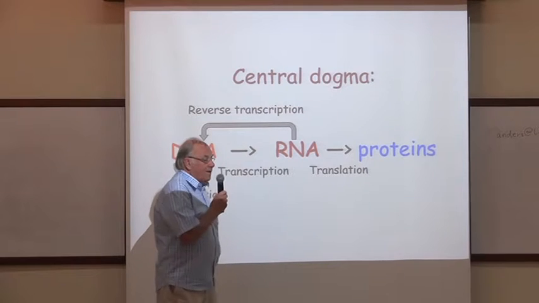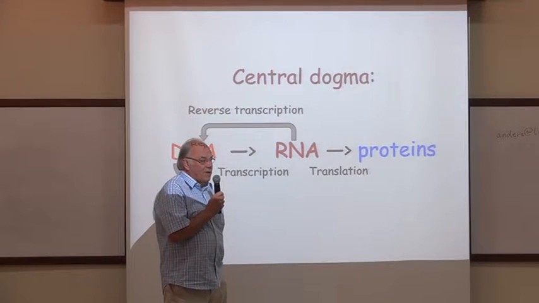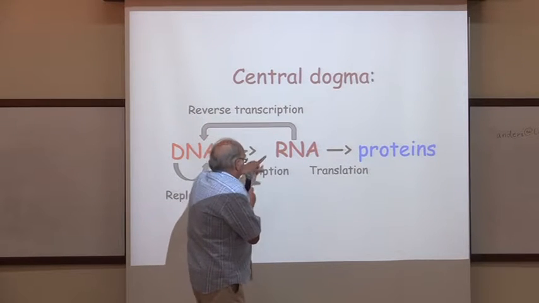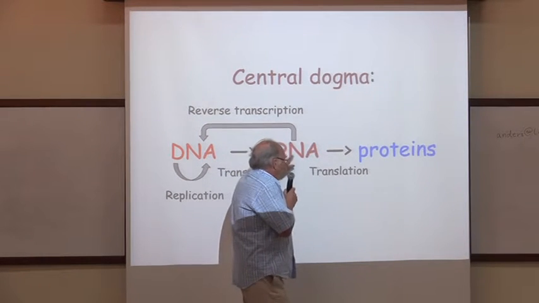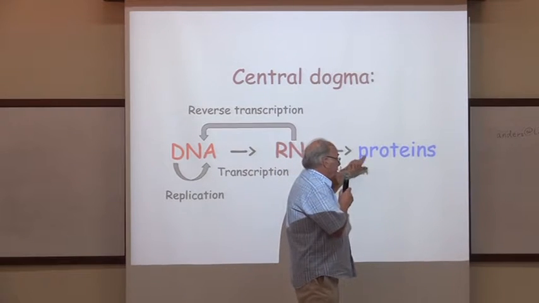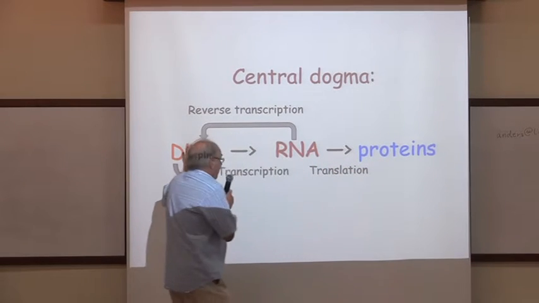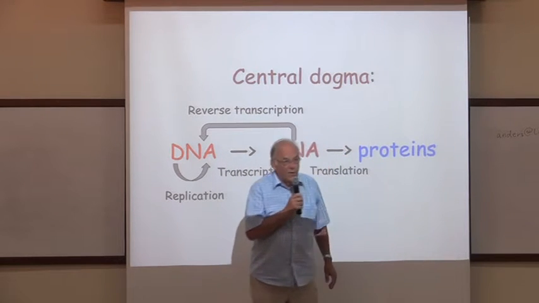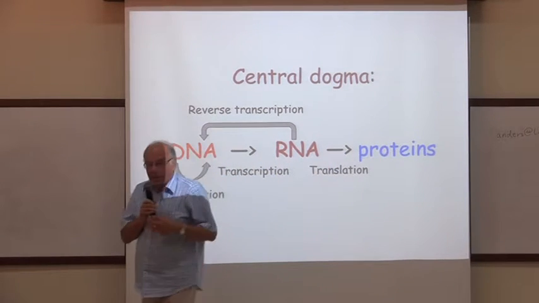Say, for instance, the HIV virus has such a mechanism. But then from the messenger RNA, we go through the translation process to proteins. So this will be the first hour, this will be the second hour, and this will be the third hour. And I think we need a break somewhere in the middle.